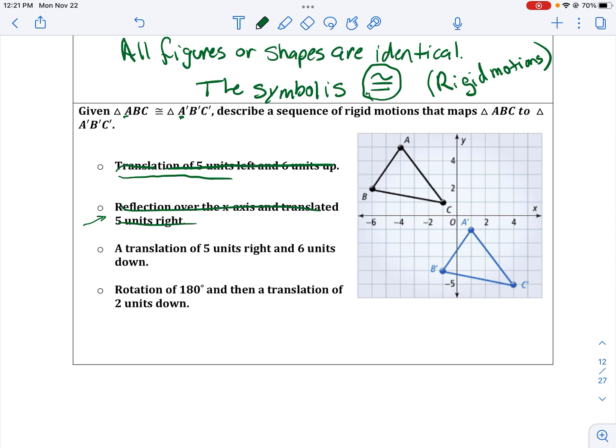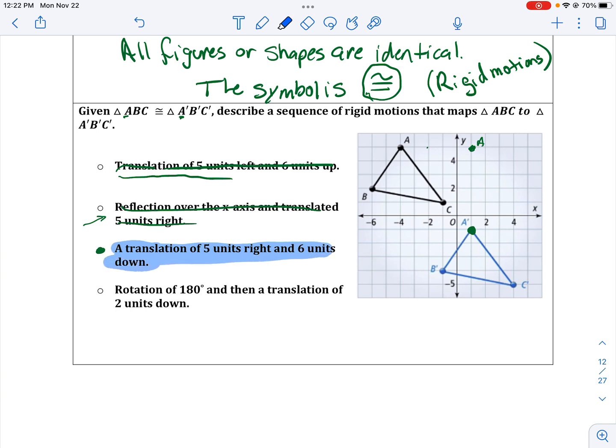A translation down 5 units, translation of 5 units to the right. So right here would be 5 units to the right, and then 6 units down. And as you can see, I end up on A prime. So this is going to be the correct answer.